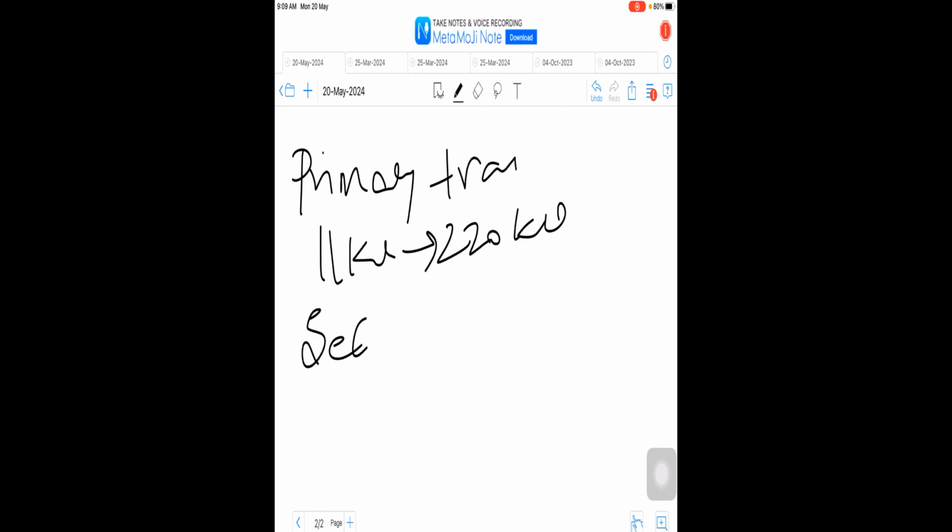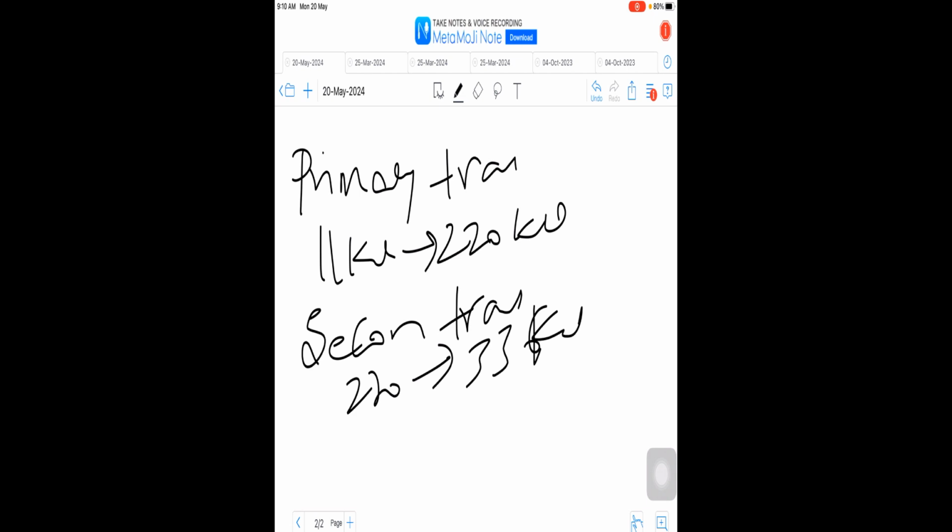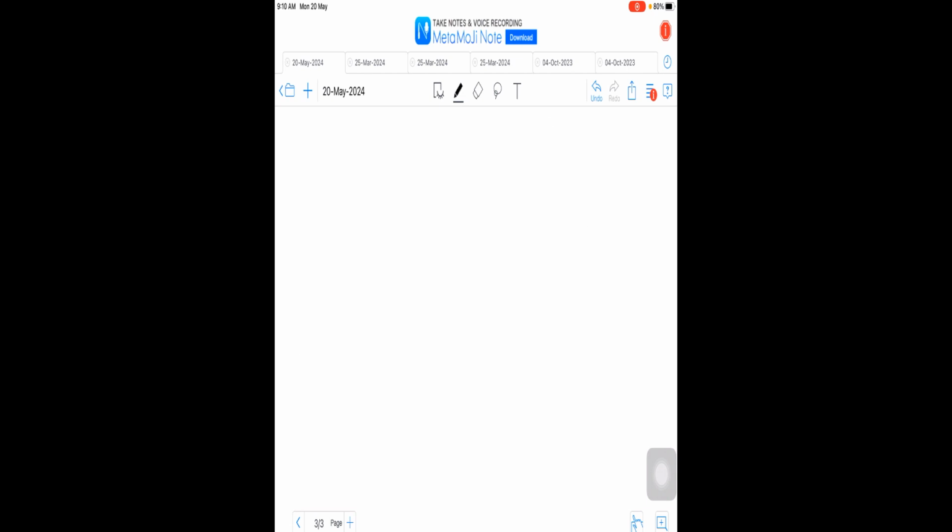Similarly, there is one more process called as secondary transmission, wherein the voltage of 220 kilovolts is reduced to 33 or 66 kilovolts. So these are transmission. Next we have distribution. So primary distribution and secondary distribution.